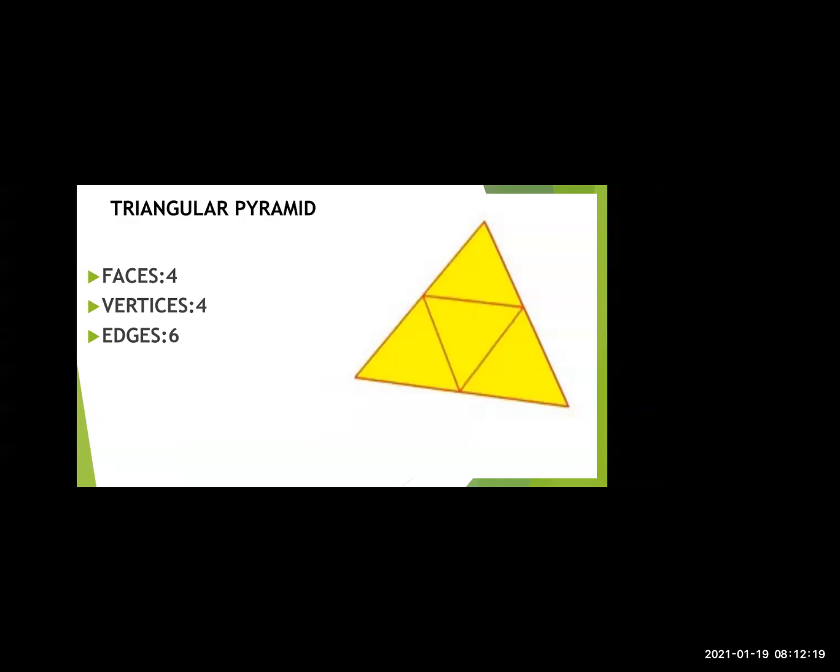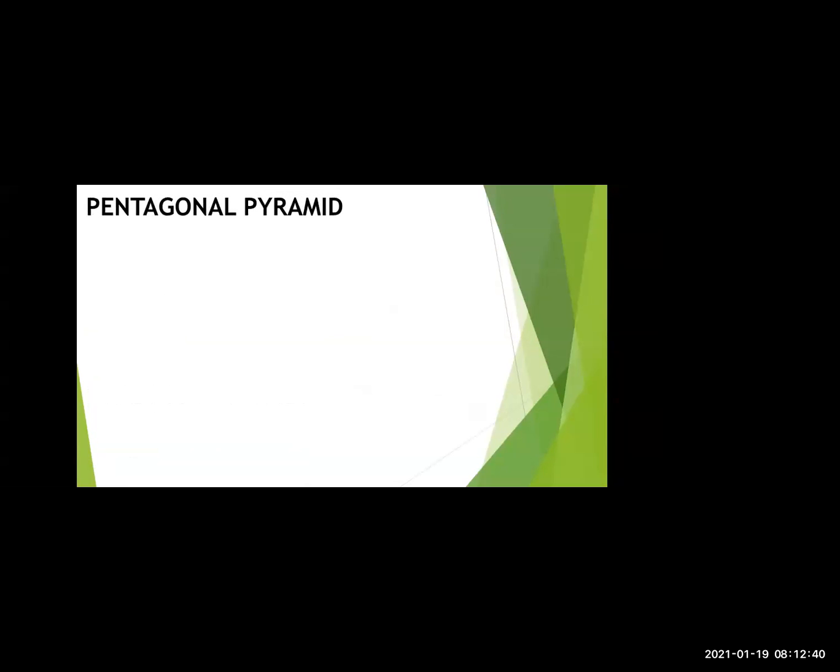So it makes 6 edges. The name of this pyramid is triangular pyramid because the base shape is a triangle and the covering shape is also a triangle.